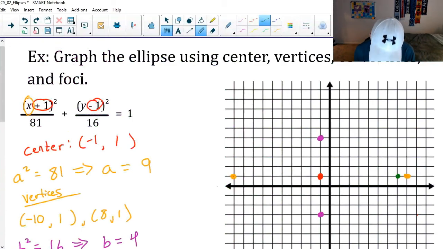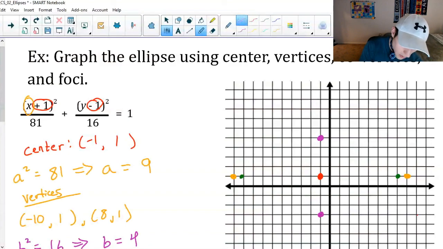And then negative 1 minus square root of 65 is about negative 9.06. So about right here. So for this one, the foci are super close to the vertices, which can happen. Sometimes the foci will be closer to the center, sometimes close out to the edges. It just depends on what the numbers are.